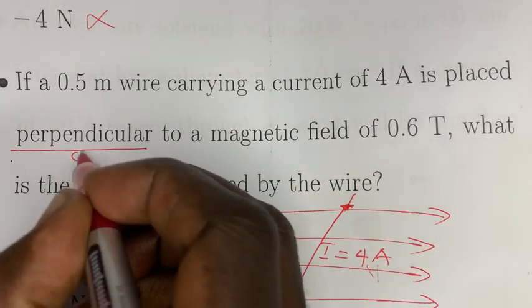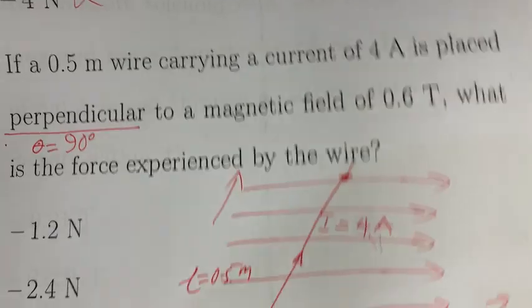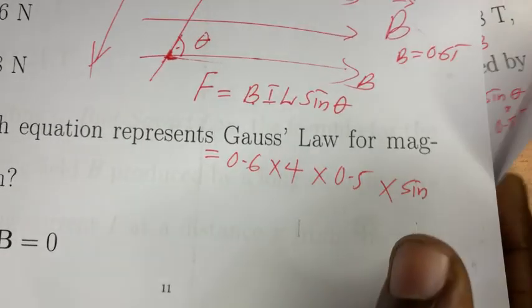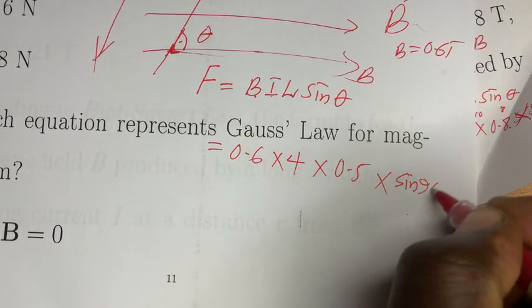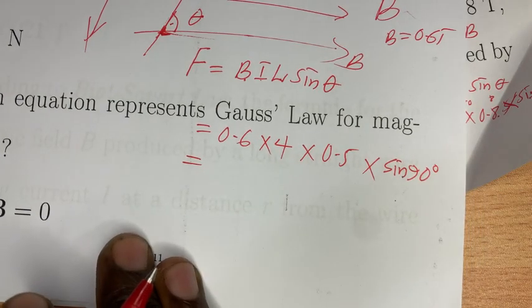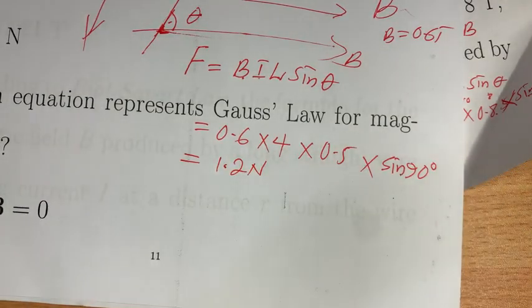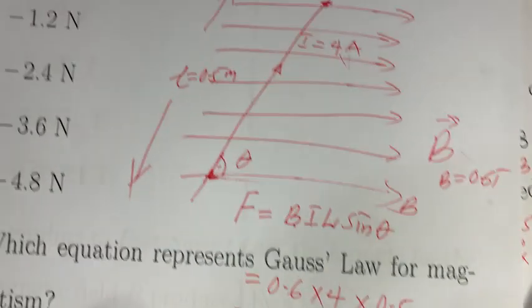If they say perpendicular, your theta is 90 degrees. If they say parallel, it is 0 degrees. Now this is sine 90 degrees. So if you calculate this correctly, you have 1.2 Newton. Your answer should be 1.2 Newton.